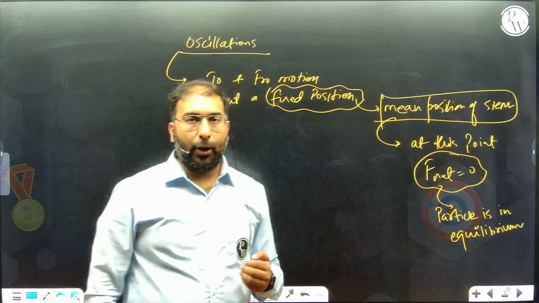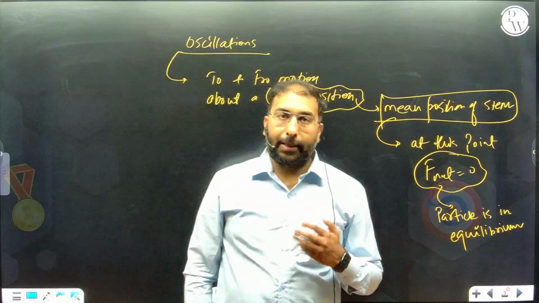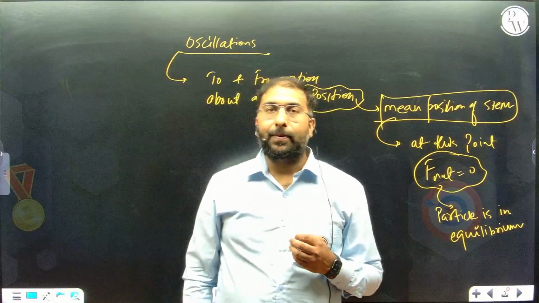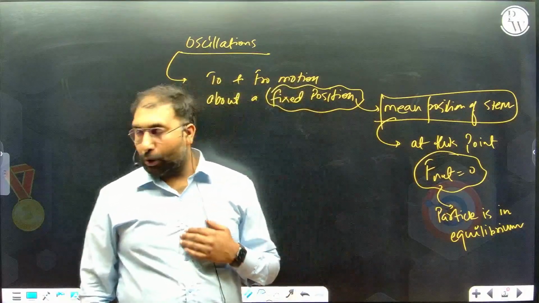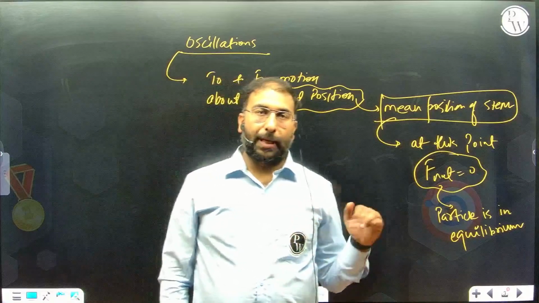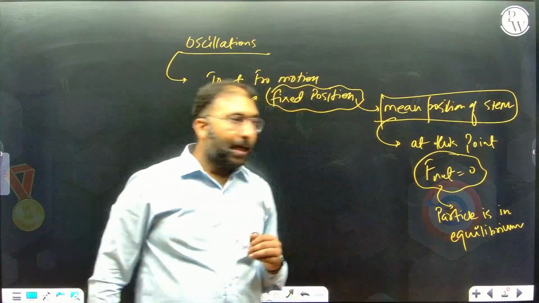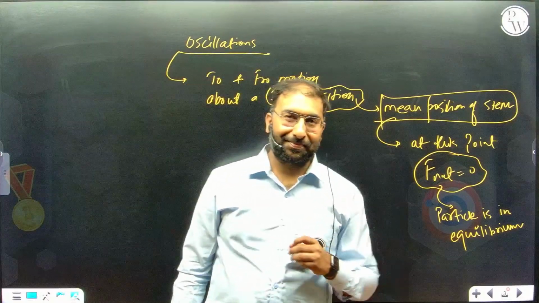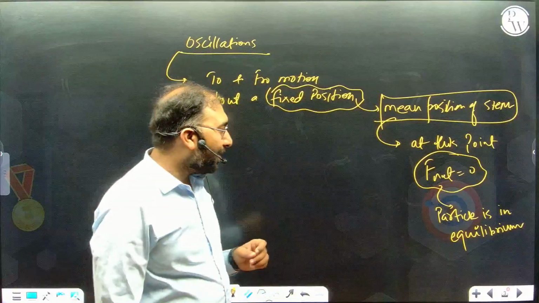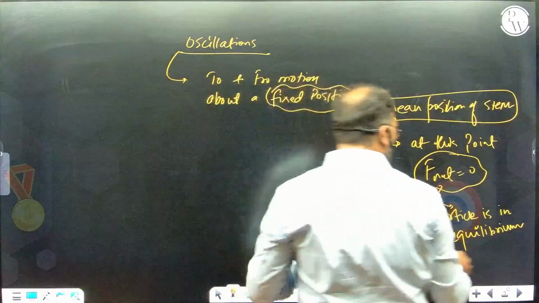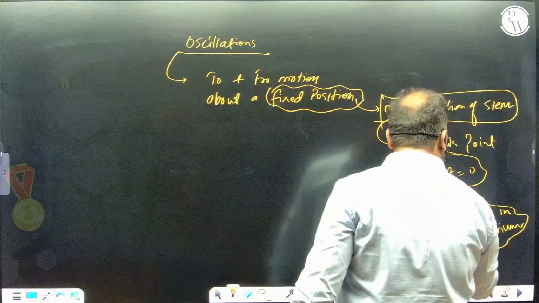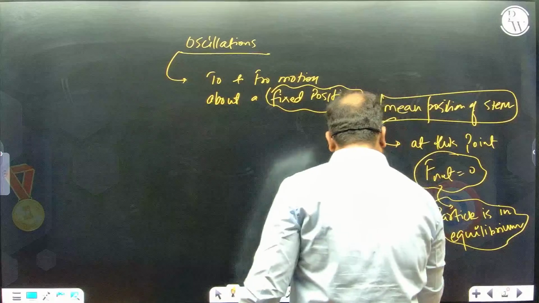Is it a point of stable equilibrium, unstable equilibrium, or neutral equilibrium? If someone is watching online, they can write down the answer in the comment box. I will give you a chocolate for that. Yeah. So the correct answer is stable equilibrium. So the particle is in equilibrium, and this is a point of stable equilibrium.